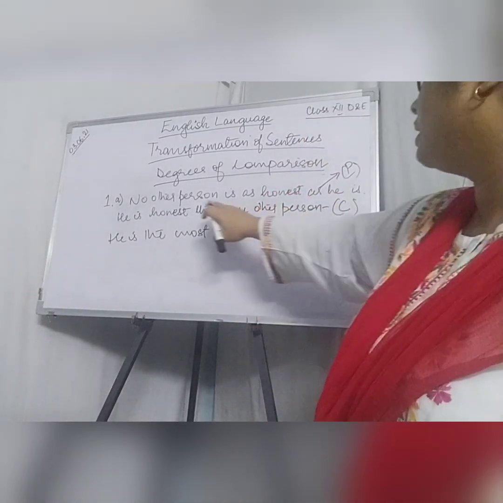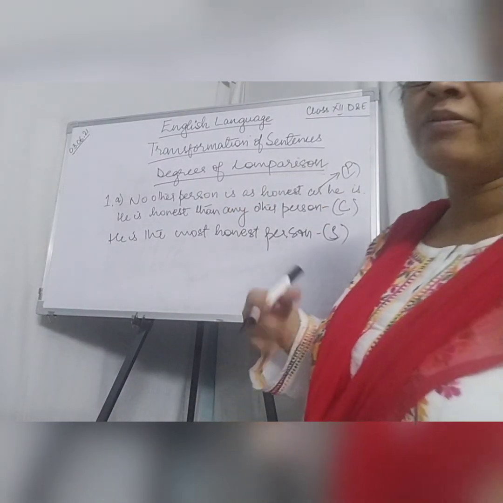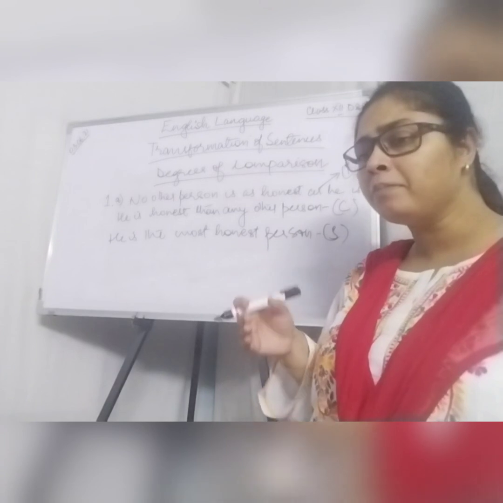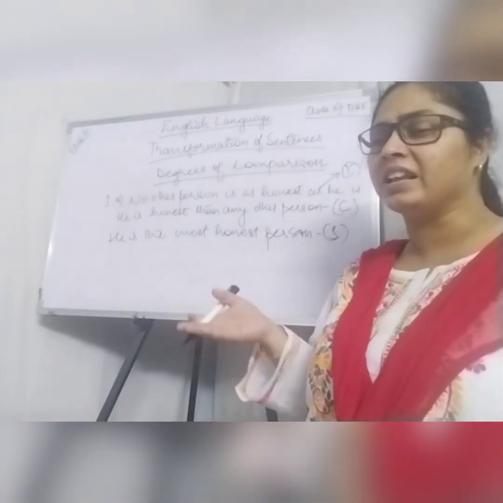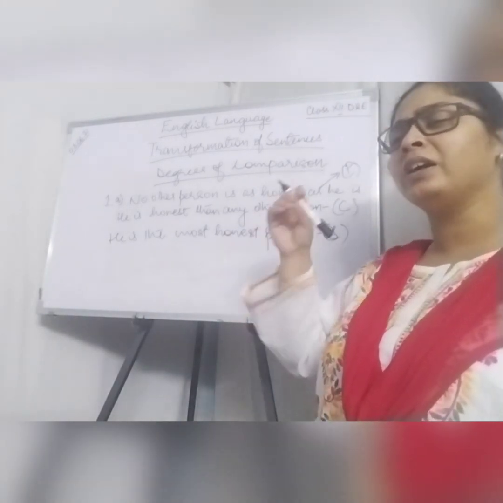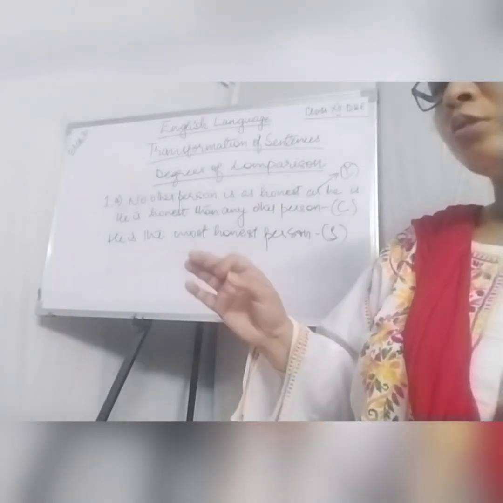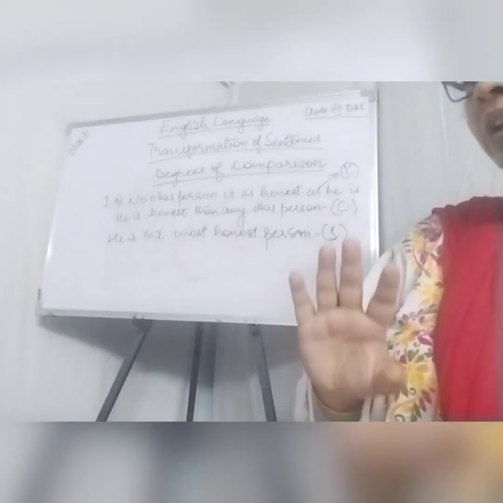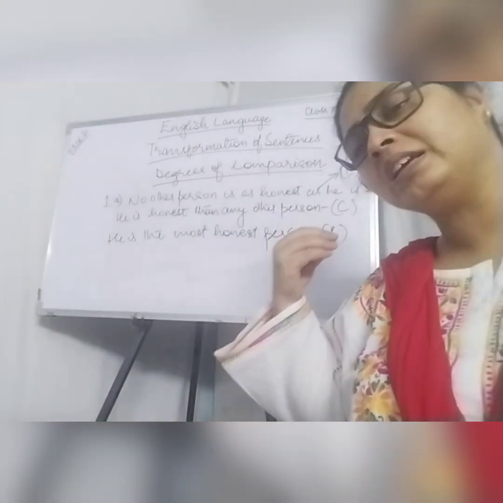Positive: no other person is as honest as he is. Then comparative, where we are comparing him with other people, and we are saying that he is more honest than any other person. Then superlative: now we are not comparing, we are just telling that he is above all.